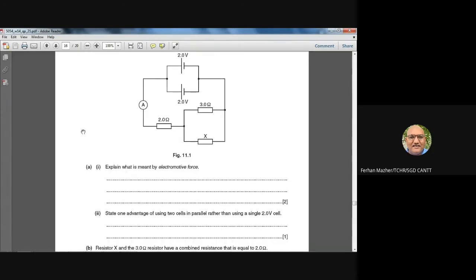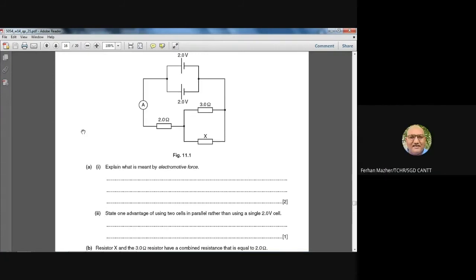There are 2-3 definitions of the electromotive force. One is the amount of chemical energy converted, especially when talking about cells. The EMF means the amount of chemical energy which is converted into electrical energy when one unit charge, or 1 coulomb charge, flows through the battery.